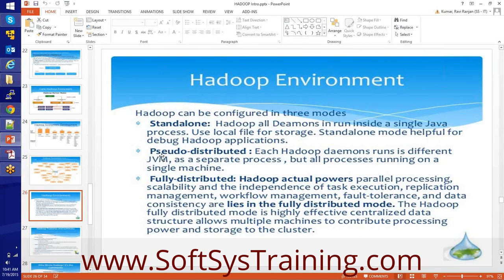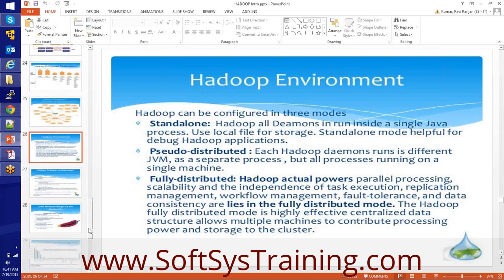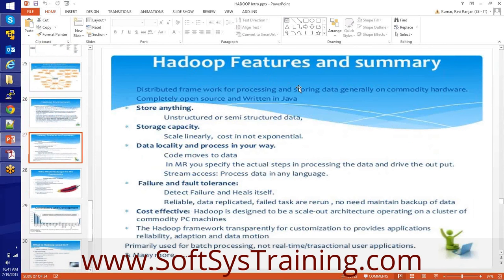We will be using pseudo-distributed because it gives you a feel of a complete cluster. These are the features: store anything, storage capacity, data locality, failure and fault tolerance, then cost effective. These are the features of Hadoop.